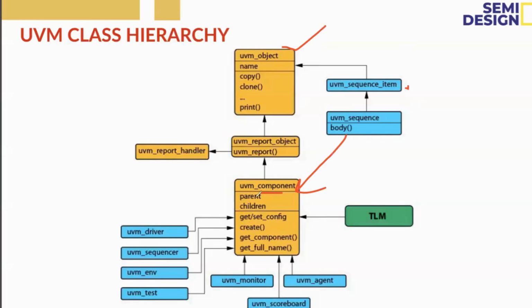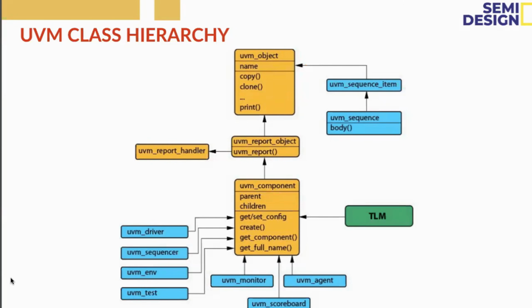Component also inherits from the UVM object, like sequence also inherits from UVM object. We do not need to mention UVM sequences with the component because component is different. Every sequence we need to generate from the object only. I understood that. I'm asking what is the difference between object and component?